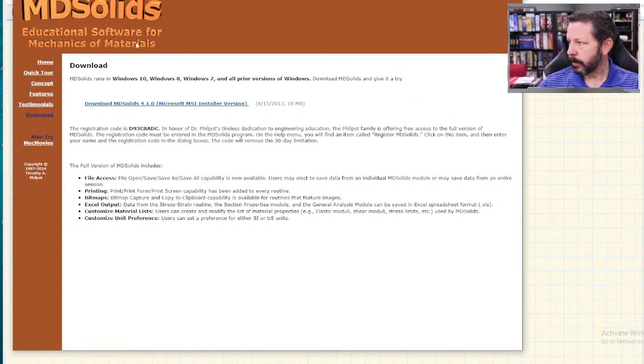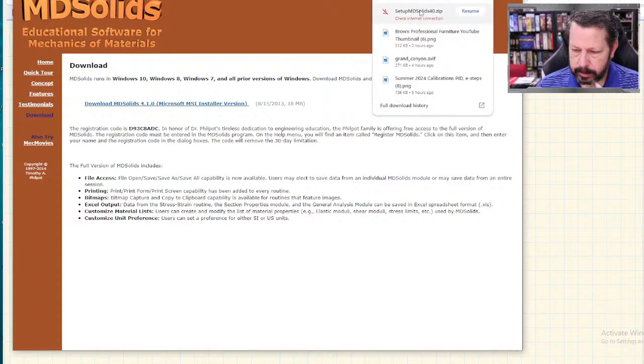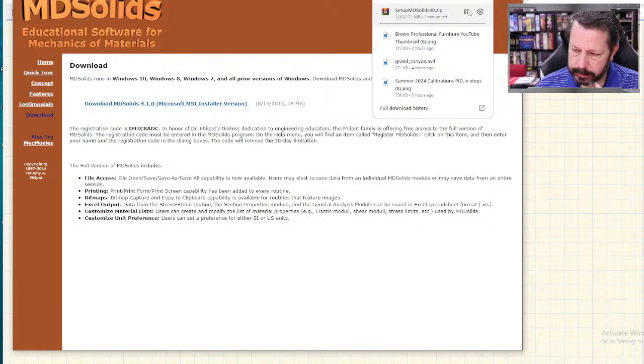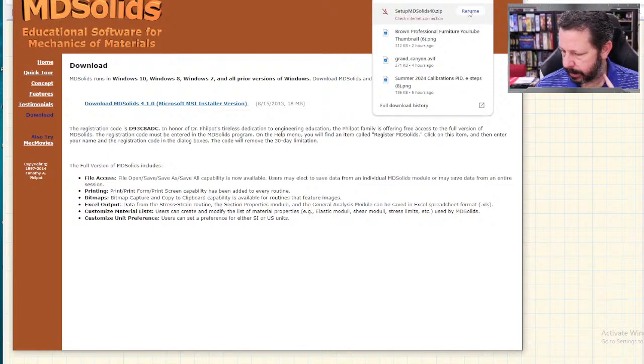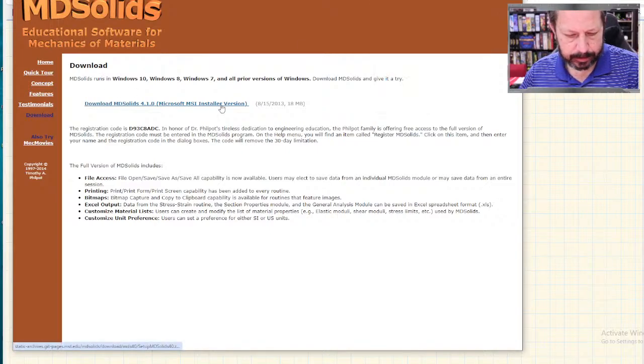All right. So let's download this. I don't know if this computer ever has had it. Not sure why it won't let me download it. I wonder if it won't download anymore.